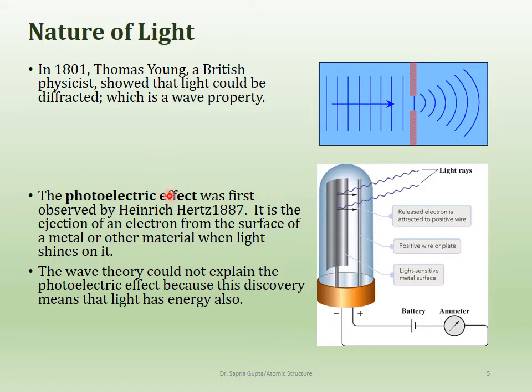Within 100 years, the photoelectric effect was discovered by Hertz. The photoelectric effect is that if you shine light on a piece of metal, then electrons will be ejected from it. What that really means as a discovery is that light actually has energy.